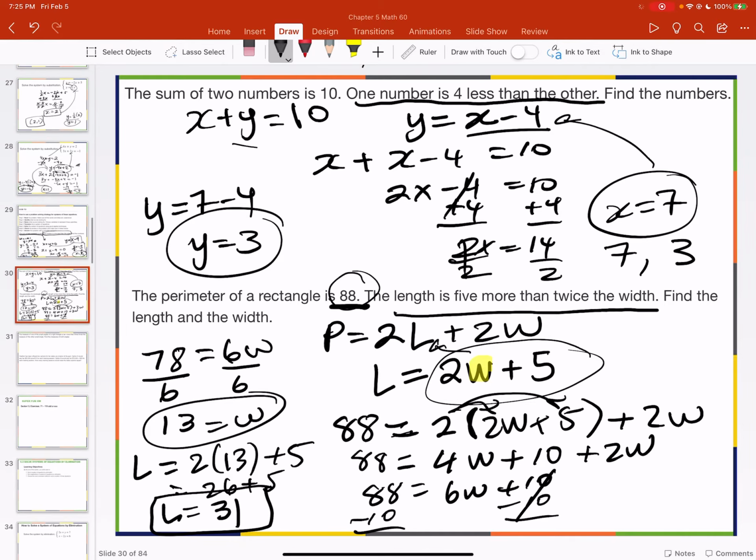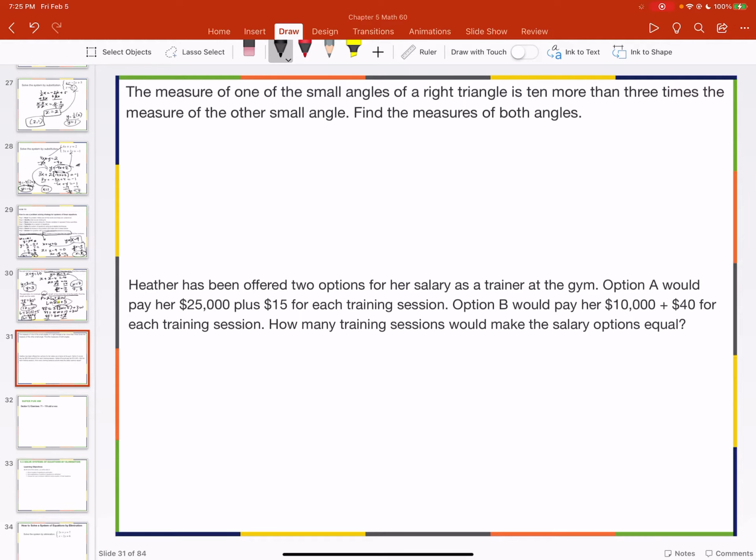Okay, a couple more. The measure of one of the small angles of a right triangle is 10 more than 3 times the measure of the other small angle. Oh boy, that is crazy sounding, but that's okay because remember, a triangle has 3 angles. It's a right triangle actually.